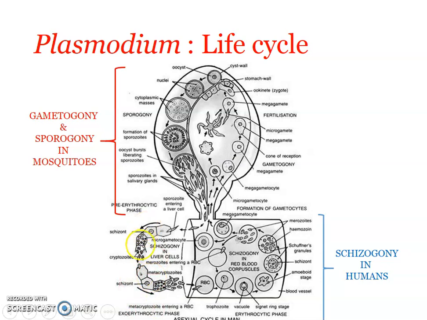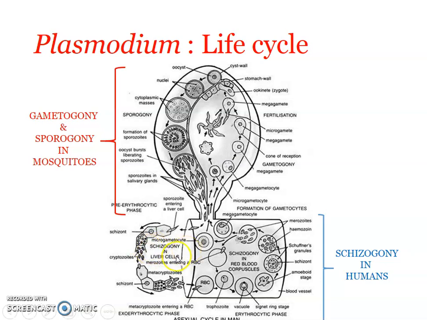Once within the human blood, the sporozoid circulates for almost an hour, and then it gets into the liver and invades the liver cell. It gets inside the hepatic cells, that is the liver cells, right? And now starts the asexual multiplication by way of schizogony.